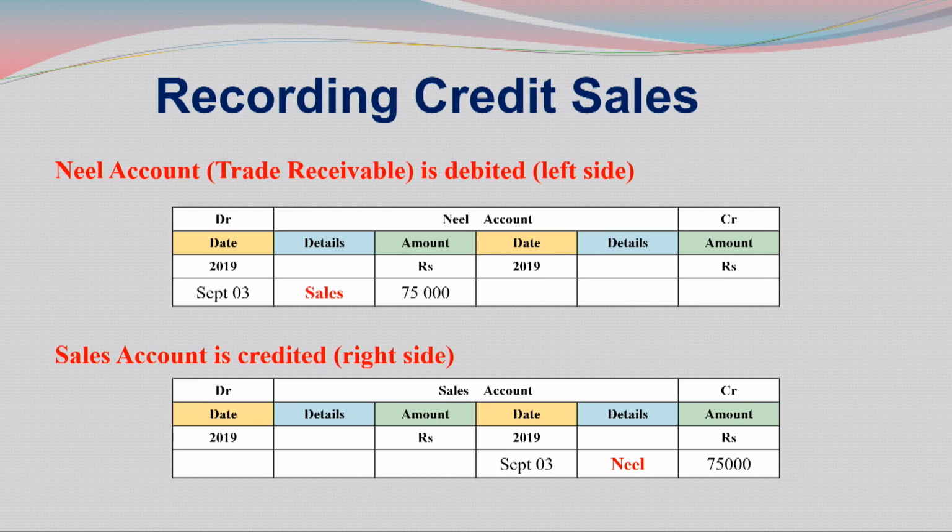The next step will be to post the credit sales in the ledger as it has been the case for credit purchases. Therefore, in Neil account, on the debit side, we record the date 3rd September in the date column, sales in the details column, and in the amount column we write 75,000 rupees.